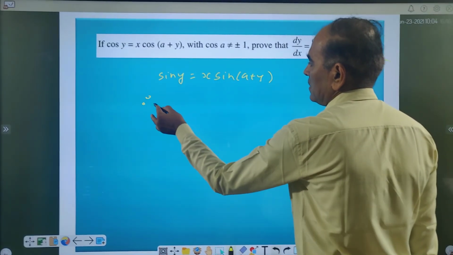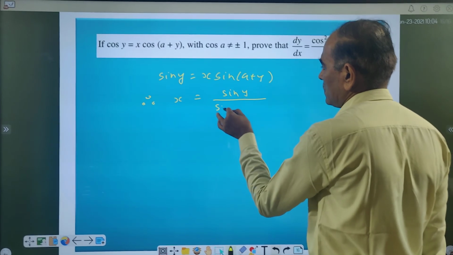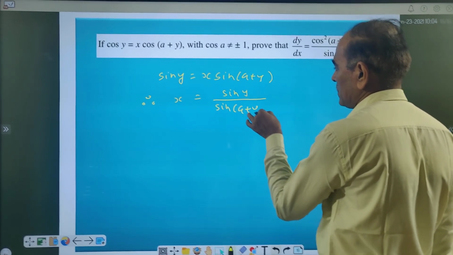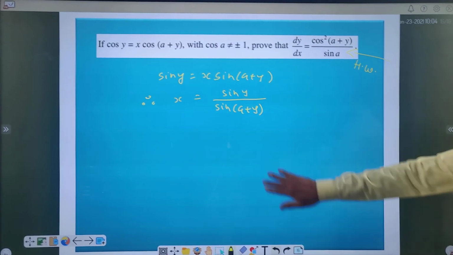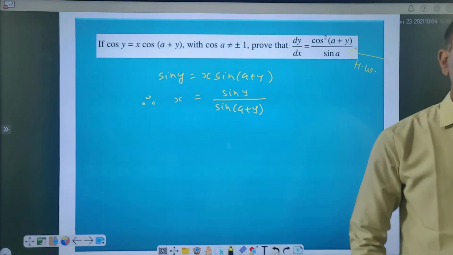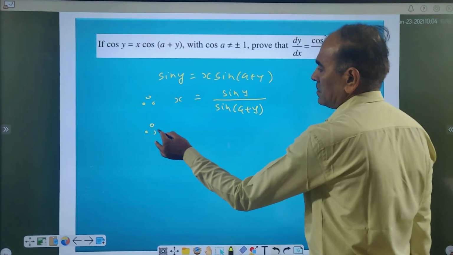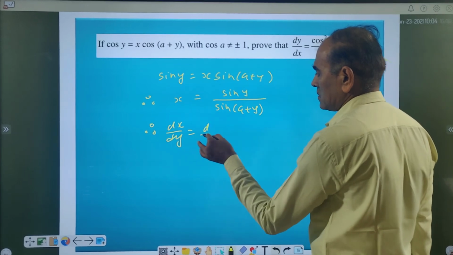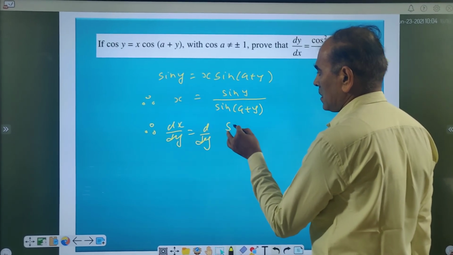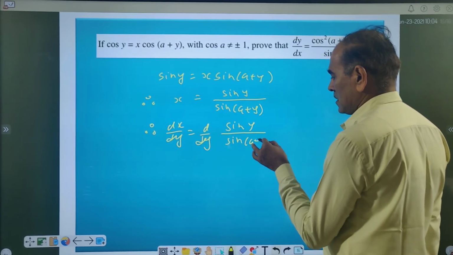So what is x here? x is nothing but sine y over sine a plus y. Now x is a function of y only, so differentiate with respect to y. So what do we get here? dx by dy is equal to d by dy of sine y over sine a plus y.